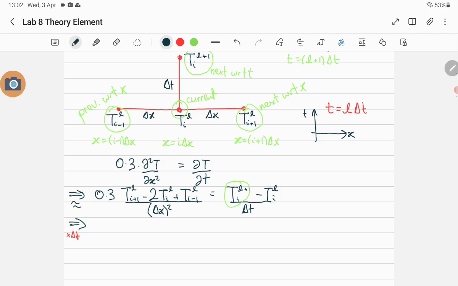So multiplying the right hand side by delta t, I'm just going to have T i L plus 1 minus T i L equal to, now I'm multiplying the left hand side by delta t, so I'm going to have 0.3 times delta t, and I can pull out that delta x squared. And that's going to be my lambda times T i plus 1 L minus twice T i L plus T i minus 1 L.